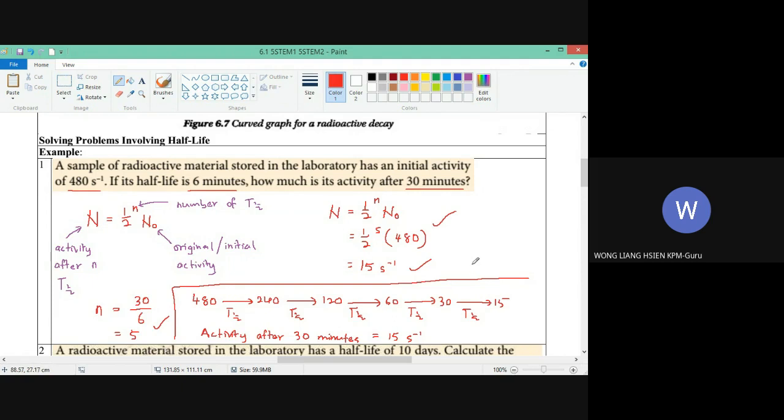Understand? If the question is 2 marks, then calculating the number of half-lives usually gets no marks, but substituting correctly gets marks, and the final answer gets marks.